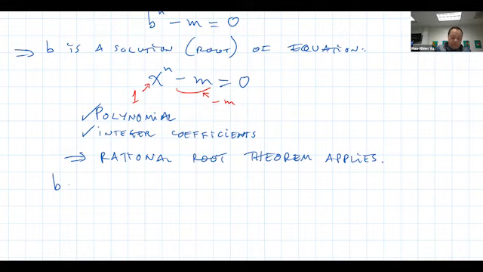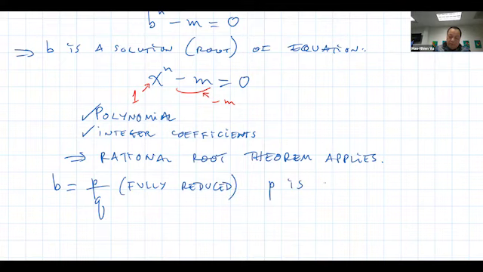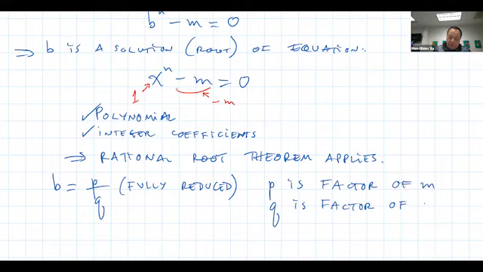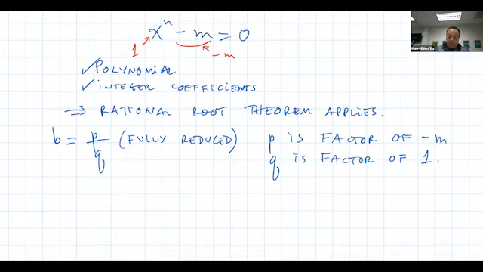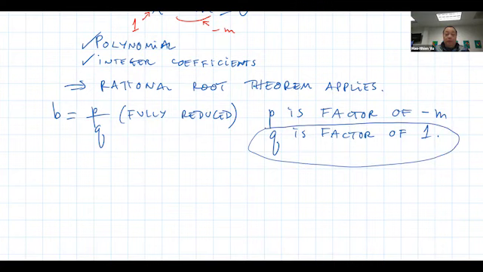Meaning b is going to be of the form p over q, fully reduced, where p is a factor of m and q is a factor of 1. Constant over leading. Just to be precise about it, I'm going to change this to negative m. What kind of integer is a factor of 1? 1 or negative 1.